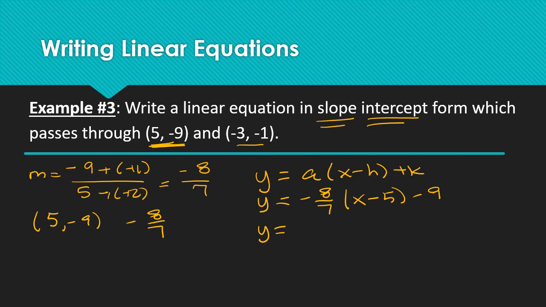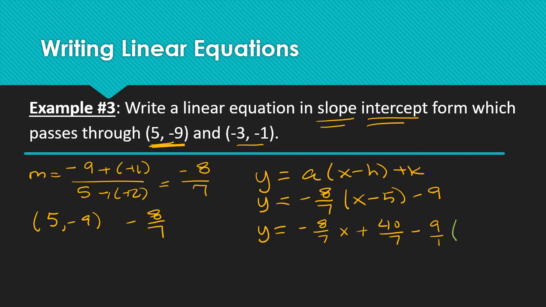All right, welcome back. Let's check and see how you did. So we have -8/7 x. A negative times a negative will give me a positive. 5 times 8 is 40 over 7 minus 9. I need to combine the 40 over 7, and remember that -9 is over 1. So I'm going to do my favorite thing: multiply by the wacky form of 1.